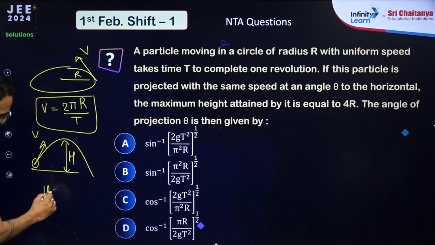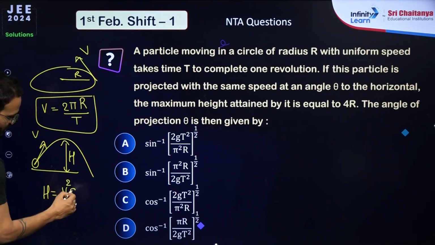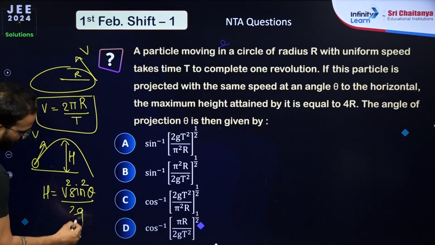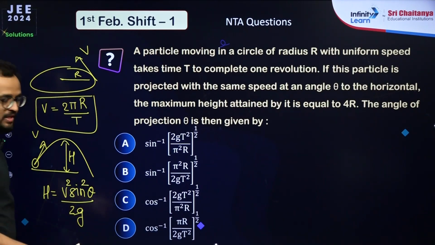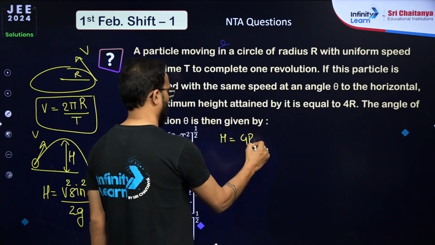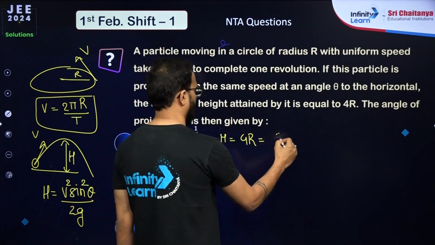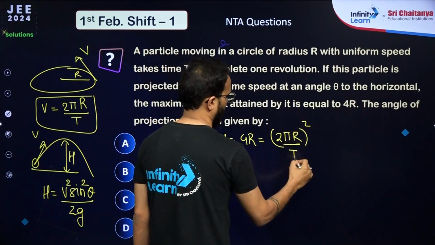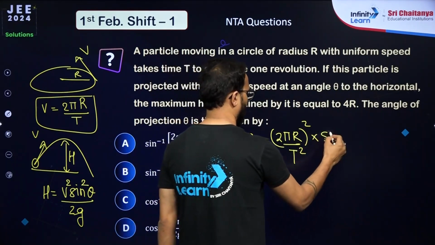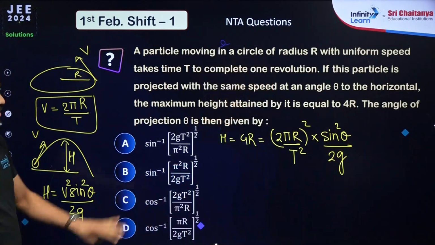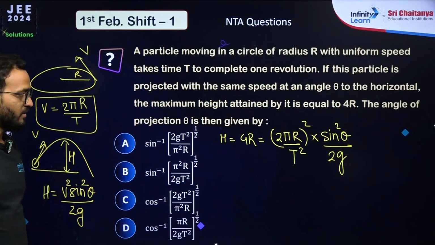So maximum height is v square sine square theta by 2g, right? So we will say height is equal to 4r is equal to v square sine square theta by 2g. So now from here you solve and you will get the right answer.